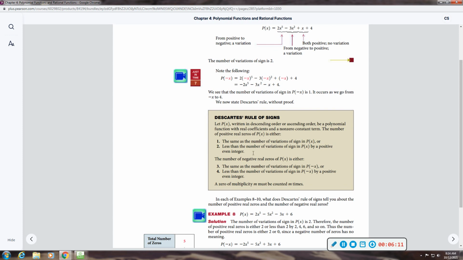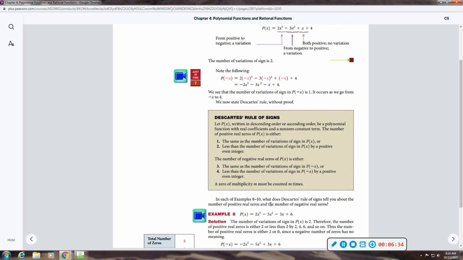So that means you subtract 2, subtract 4, continue going until you get the smallest positive number you can get, or non-negative. That would be a better way of saying it. So from here we had 2 sign changes. If I subtract 2 from it, that will give me 0. If I were to subtract 4 from 2, that would give us -2, which wouldn't make sense. We can't have a negative number of zeros.